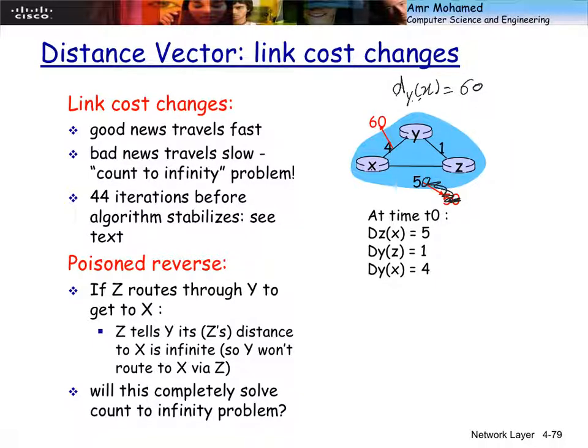So the distance from X to Y is either through Y, which is 60, or the cost from X to Z plus dzy, which is 50 plus 1, versus the direct distance of 60.